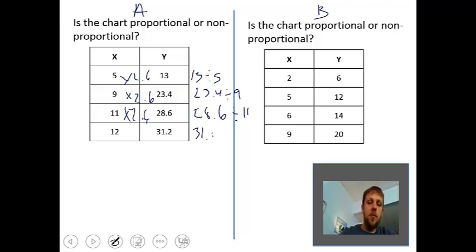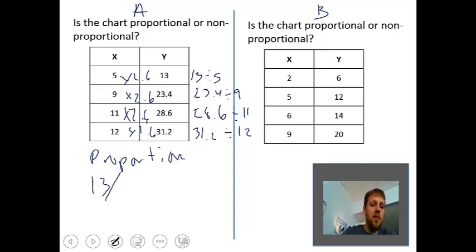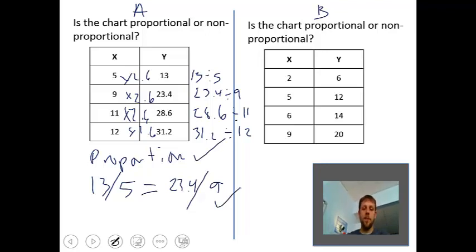And 31.2 divided by 12 is 2.6. Because this has direct variation, I know this is proportional. I know it's proportional because 13 divided by 5 equals 23.4 divided by 9. Okay, so I have my answer and my reason.